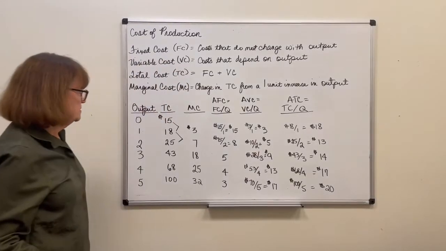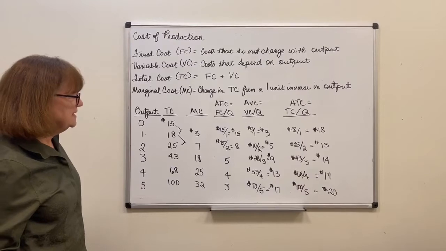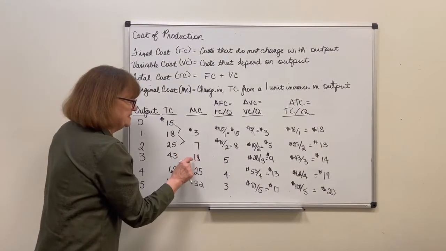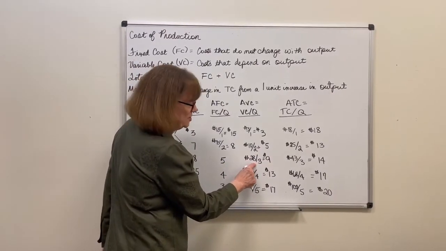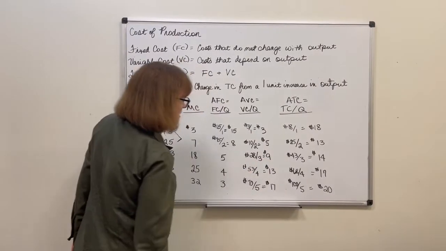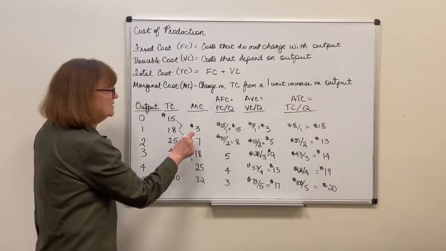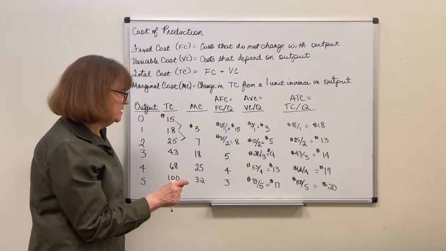If you produce 3 units, total variable cost is 28. 3 plus 7 plus 18. You divide that by 3, and with textbook magic math, that is $9 a unit for the average variable cost. For 4 units, you add all of the marginal costs up to get your total variable cost.